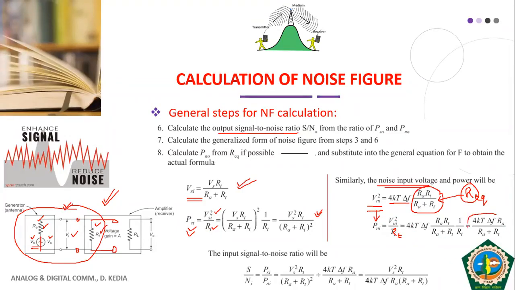So this is our input noise power. If you divide these two, that is PSI by PNI, we get the input signal to noise ratio. And this is the expression that we get as the input signal to noise ratio at the input side of this amplifier or this receiver. I hope all of you have understood this.